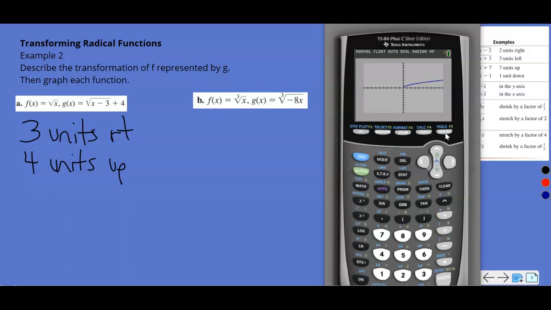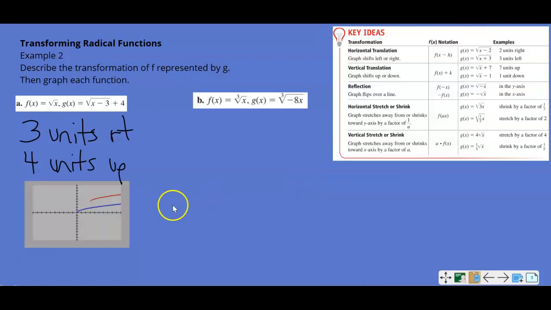That is your parent function in blue, and that is g of x, the transformation, which is moved 3 units right and 4 units up. All right, so here's the graph. Hopefully it helps you understand what these transformations are when you can visually see that as well.